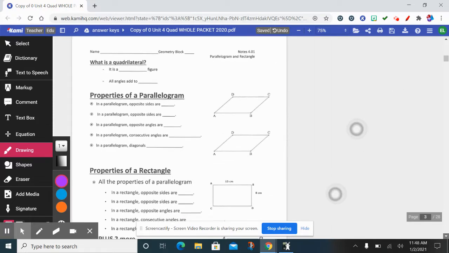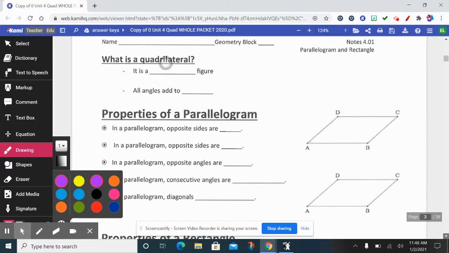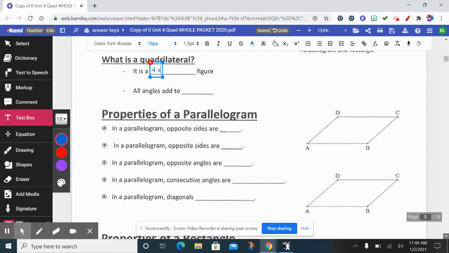Okay. So again, this is very repetitive. Again, I feel the more we see it, the more we understand it. A quadrilateral is a four-sided figure. Angles always add to 360 degrees.